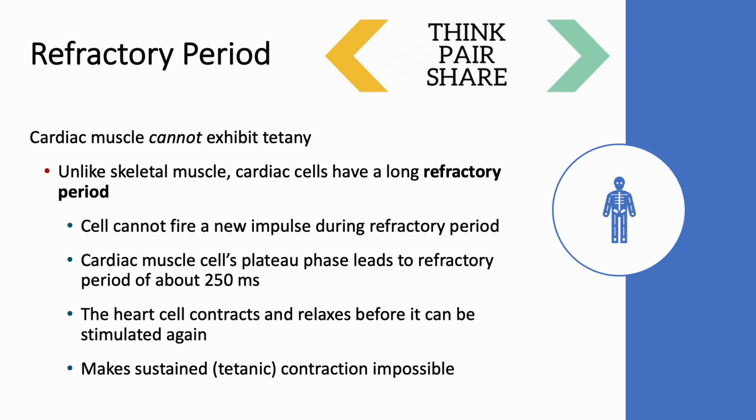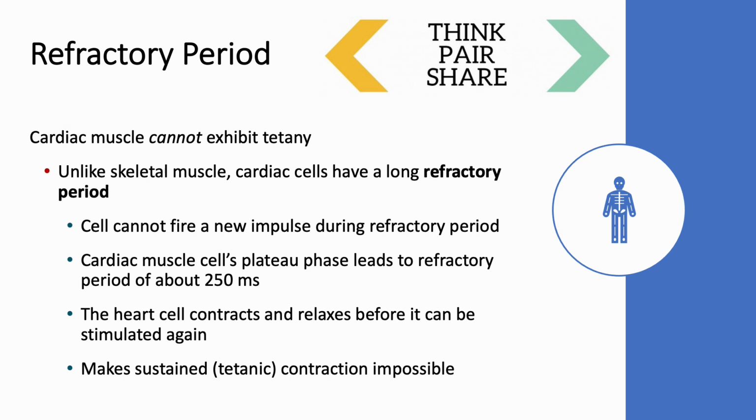And this is very important because this ensures that there's alternate periods of contraction and relaxation, which are essential for pumping blood in the heart. Imagine if you had a sustained contraction or tetany without any or a very short absolute refractory period. Well, then you could have a contraction right away after the heart has contracted, maybe not finished contracting all the way, or finished relaxing and filling with blood all the way.